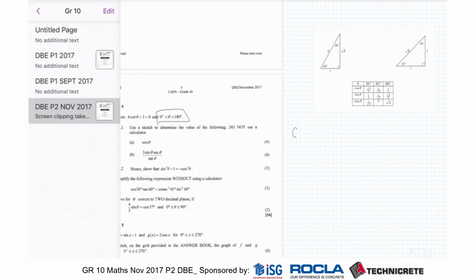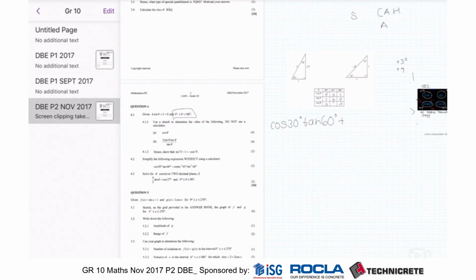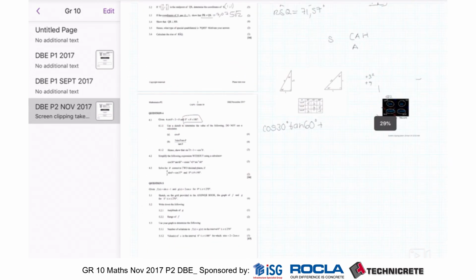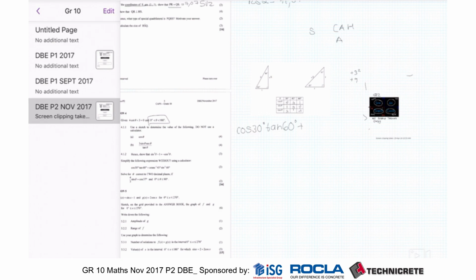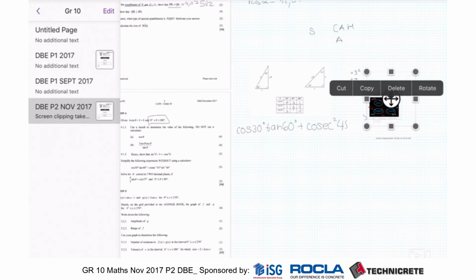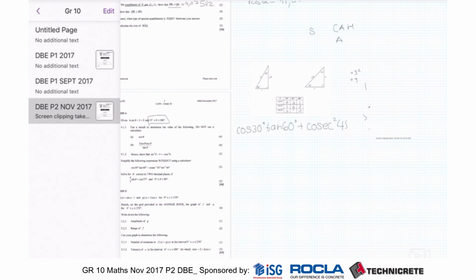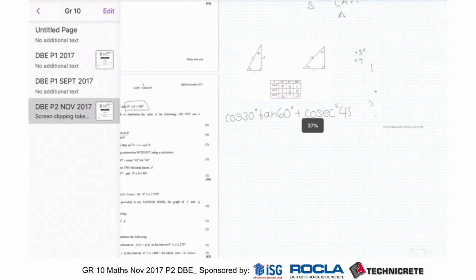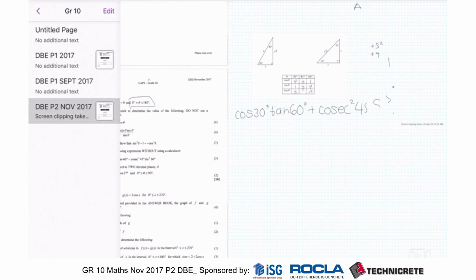So cos 30 tan 60 plus cosec squared 45, and the last part is sine squared 60.